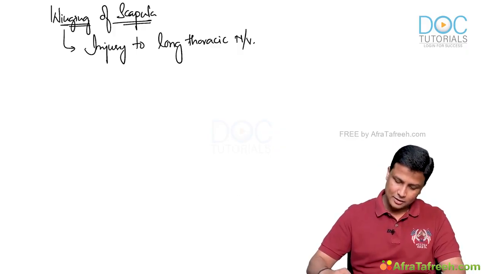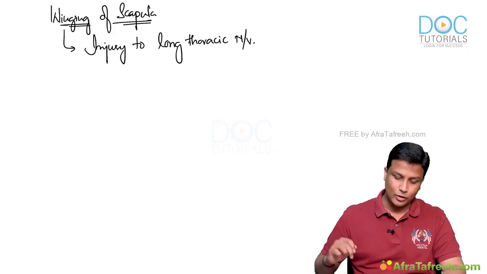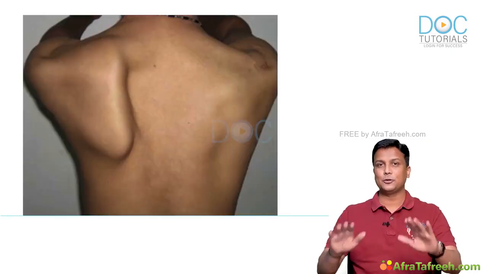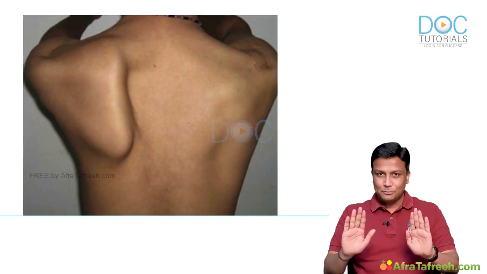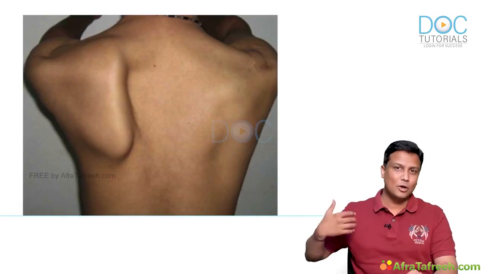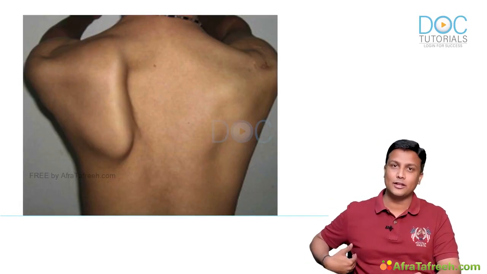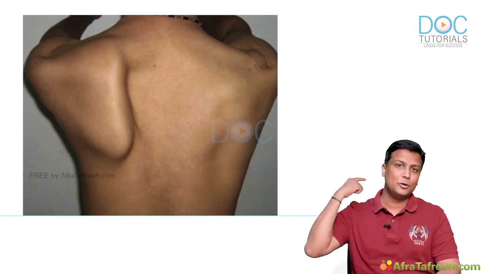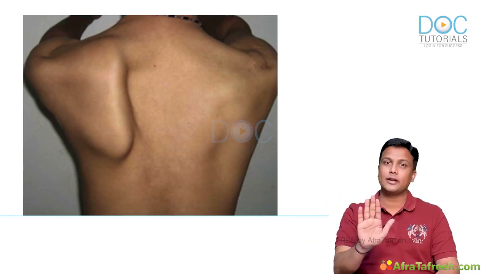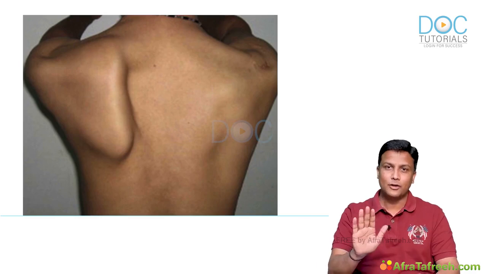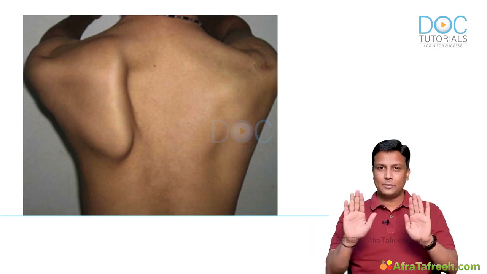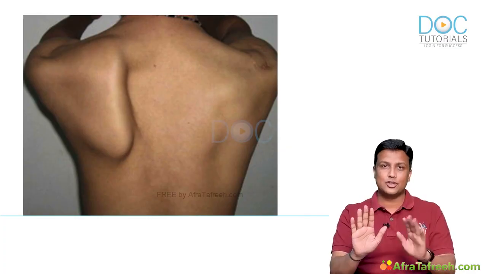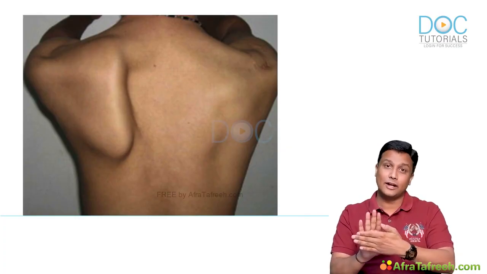If this patient comes to you in the hospital, what are you going to do? Ask the patient to push against something, guys. And when he is trying to push, what is going to happen? Normally the serratus anterior muscle keeps the scapula attached to the thoracic wall, the rib cage.